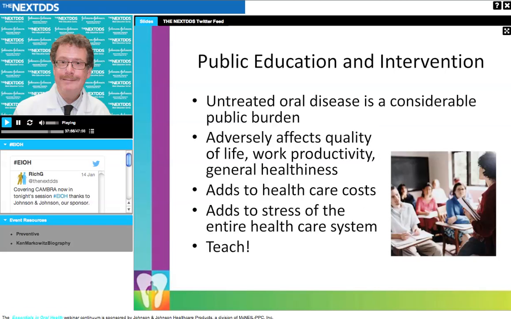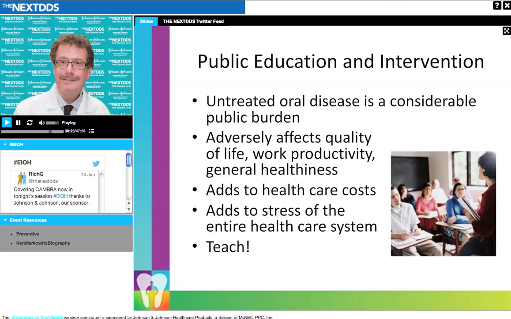So this is something we should really be involved in. The dean of our school has been very active in trying to really get a handle on a big problem today, which is people getting emergencies and then going to the emergency room to have dental emergencies treated, things that should be very easily taken care of in a dental office setting.